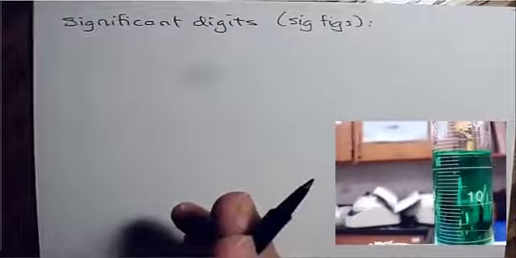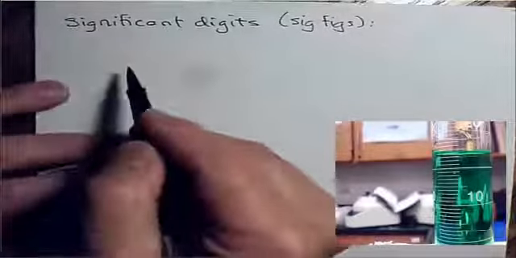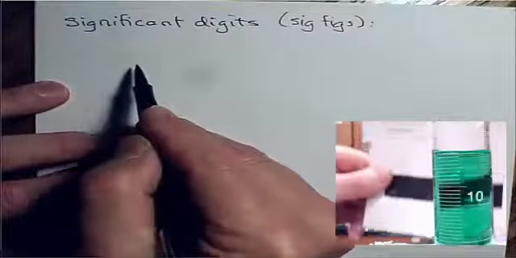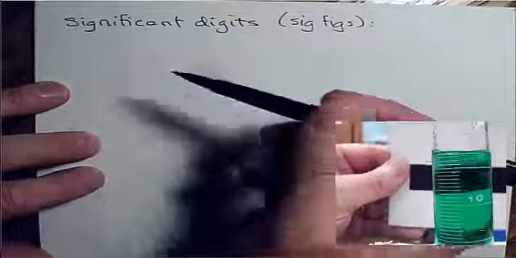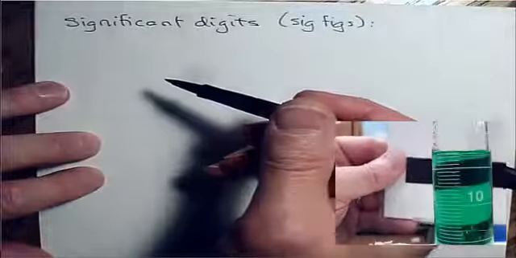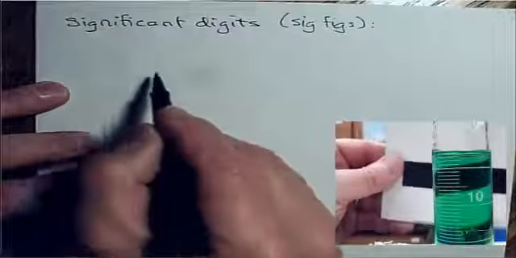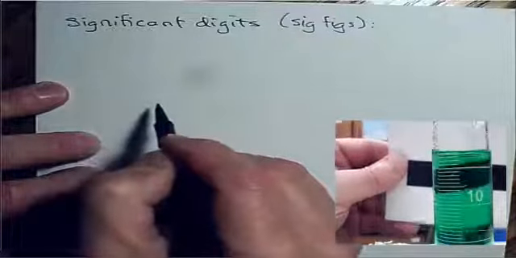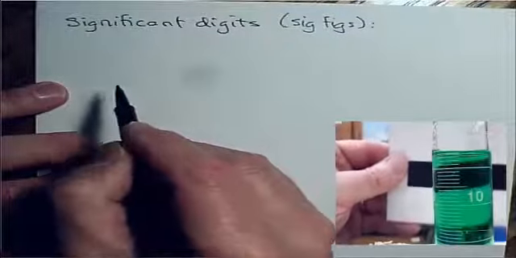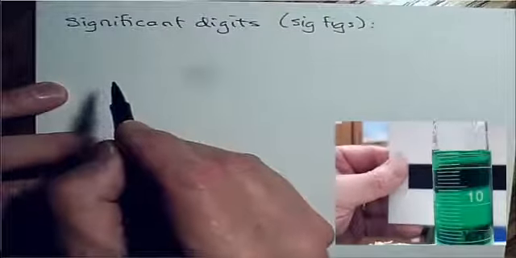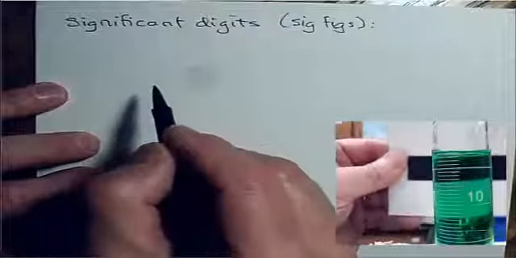And what we said there when you were reading the amount is that, first of all, you had this meniscus, which is the curved section at the top, and you read the bottom of the meniscus. But then you estimate the last digit. That is to say, whatever markings you have on that graduated cylinder, you're going to estimate where the bottom of that meniscus is between those markings. And if it's dead on those markings, you're going to add a 0 to that.